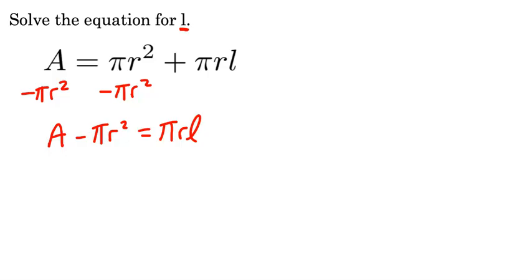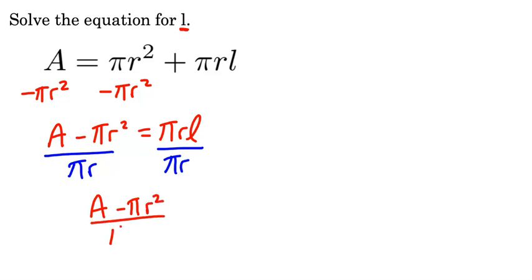So if we want to solve for L, we then need to divide both sides by, in this case, pi r to solve for L. So we would divide by pi r on both sides to get a minus pi r squared divided by pi r equals L. And we've solved the equation for L. Right? We've rearranged the terms.